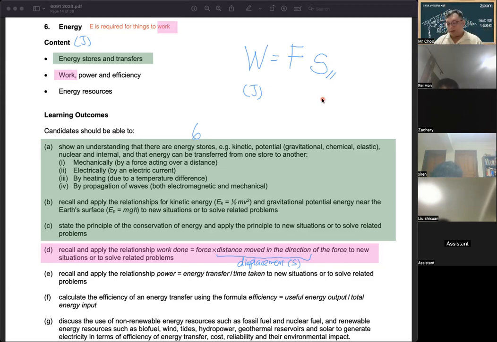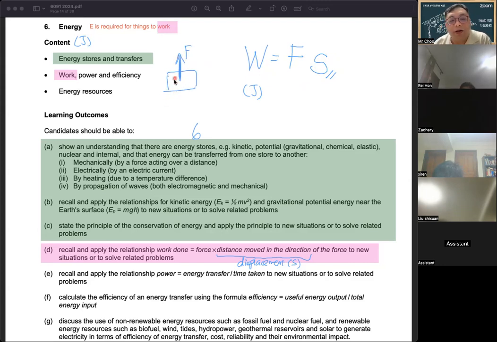If you are holding your phone, your hand is applying a force upwards, but your phone did not move. Your phone does not have a displacement. Yes, you apply a force upward, because your hand feels very aching, since you need to apply a force to hold the phone.